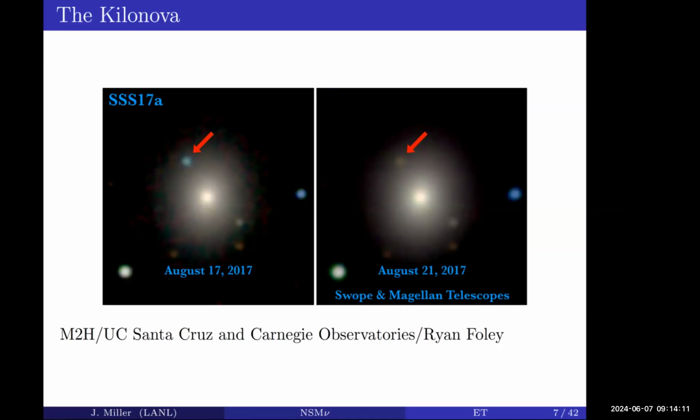And what this tells us is that there were at least two sites of r-process enrichment from this event, one of which produced a lot of lanthanides and thus produced a late red peak. That's what you see on the right. And one of which produced fewer lanthanides, but a lot of energy, which produced this early blue-green peak that you see on the left. So to understand this event, we need to understand at least multiple sources of r-process enrichment that happen in such a way that we can see both.